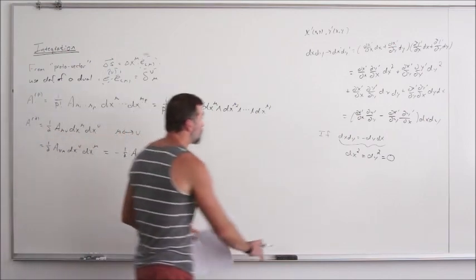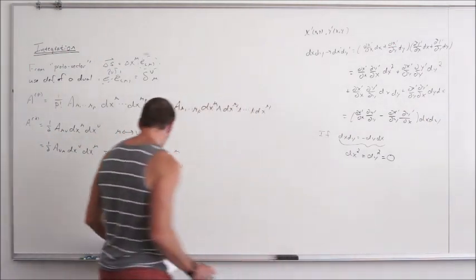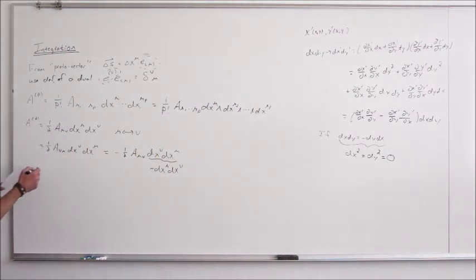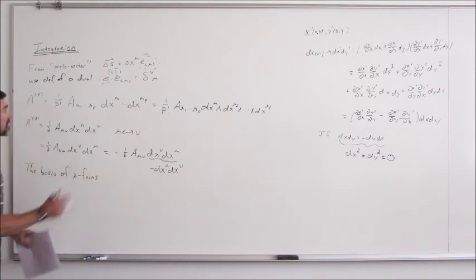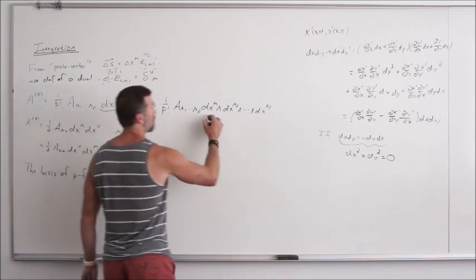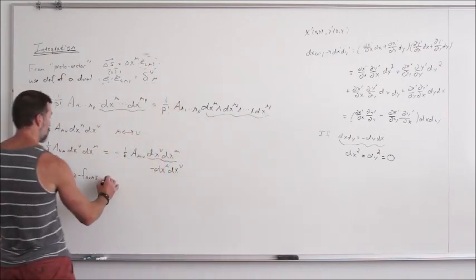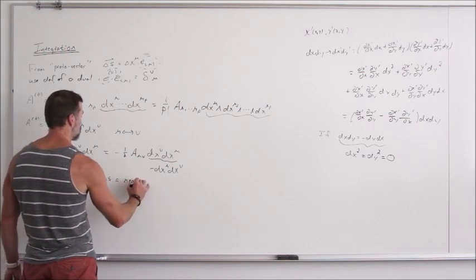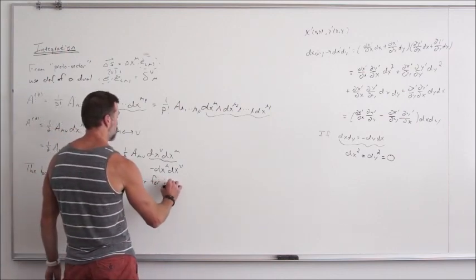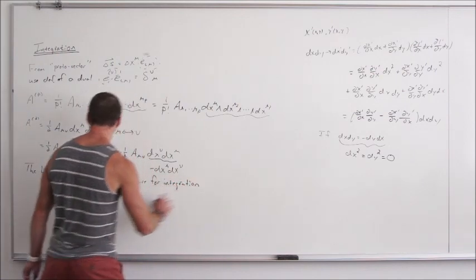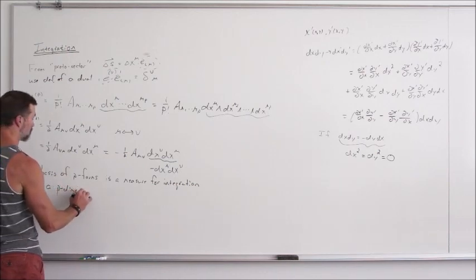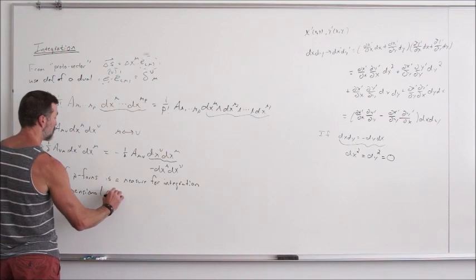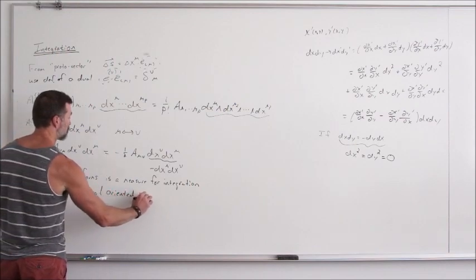So what we find is that at the end of the day, the basis of p-forms, that is this set of stuff right here, understood as this, is a measure for integration over a p-dimensional oriented space.